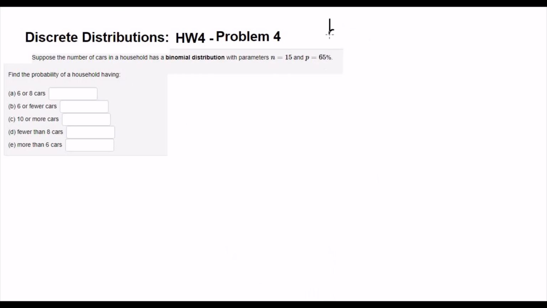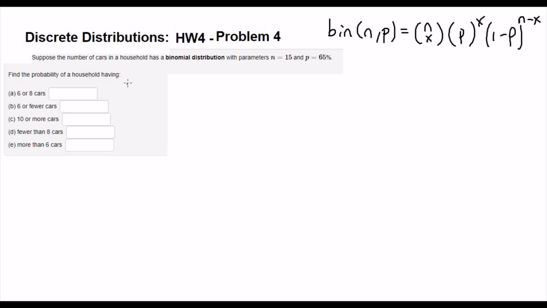We know that a binomial distribution with parameters n, p has density function n choose x times p to the x times 1 minus p to the n minus x. So here we're calculating the probability that the household has exactly 6 or 8 cars.